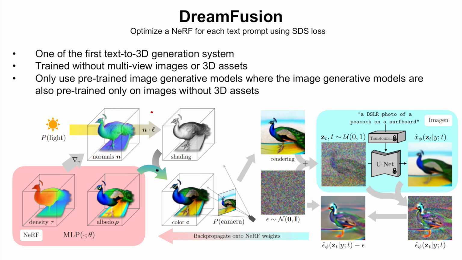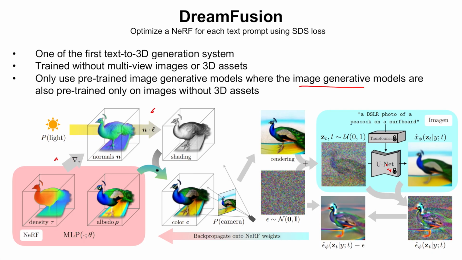Optimizing NeRF was introduced in the NeRF work, and here they use a pre-trained UNet, a pre-trained denoising network. They do not fine-tune the UNet. There is no fine-tuning at all on the diffusion side. So the only computation they need is just optimizing NeRF, which is quite a smart way to use a pre-trained image generative model.